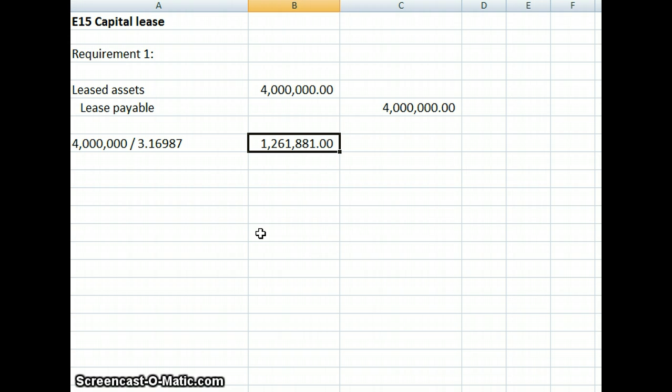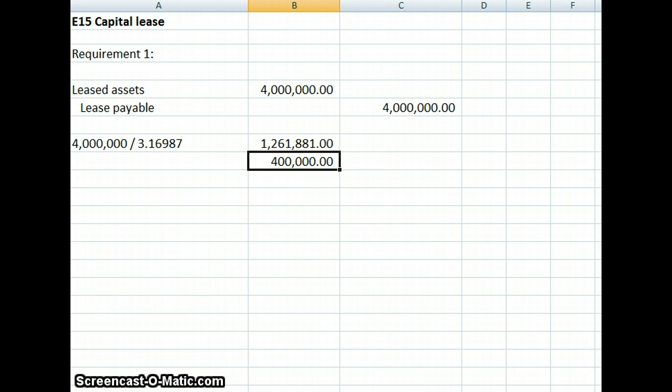The amount of interest in that payment is going to be the amount that we owe, just as on any loan. So our first one would be equal to 4 million, which is our principal left, times our interest rate of 10%, or 400,000 would be our interest.